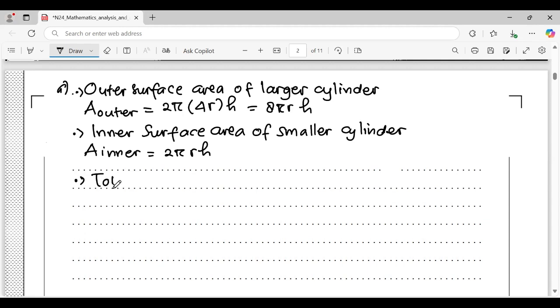top and bottom surface. Top and bottom surface area. A top, bottom.